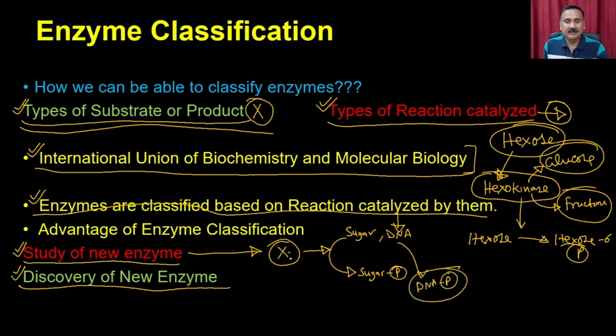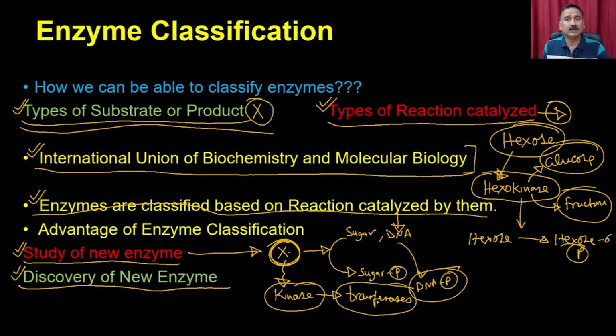Then we'll say that this enzyme X, which is just identified, has similar properties to the kinase group, or in general to the enzymes belonging to the group transferases, and that's how we can say what the kinetic or enzymatic properties associated with this particular enzyme are.